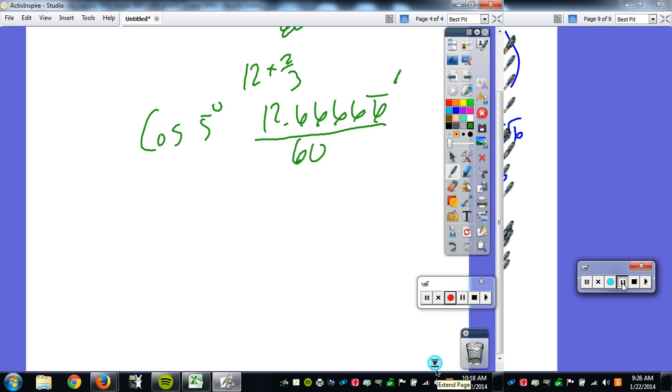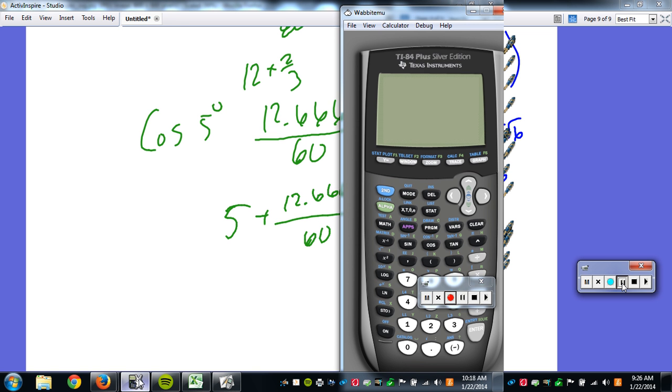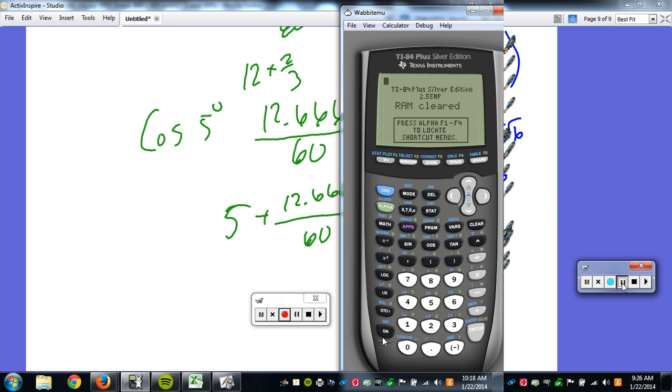So now this is 5 plus 12.666. I'm going to show you how I'm going to do this on my calculator. Here we go. So I get my calculator out. Let's turn it on. What was it at the beginning? 5, 12, 40? Yes. Okay.